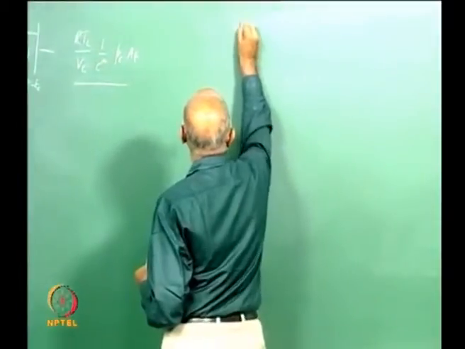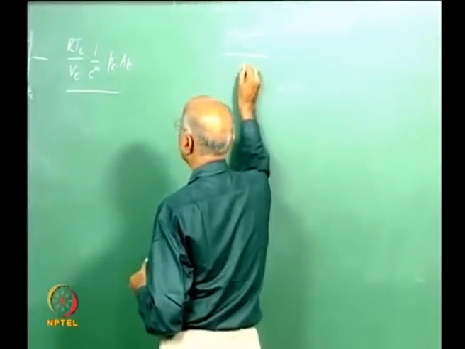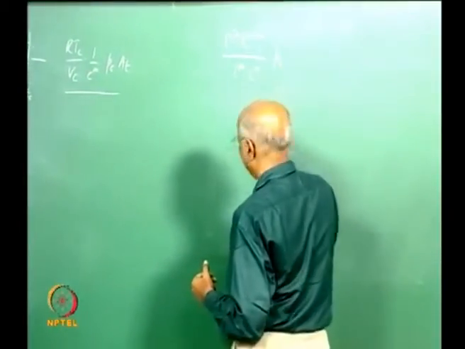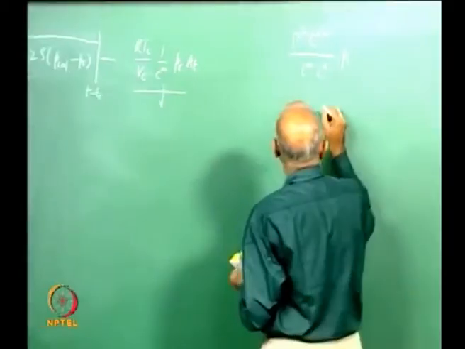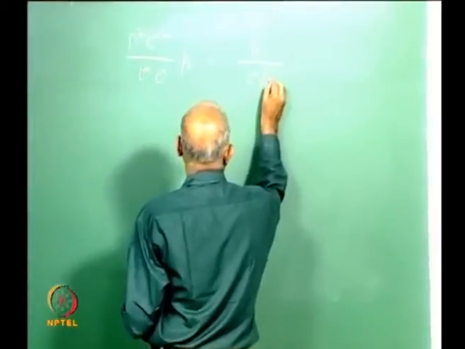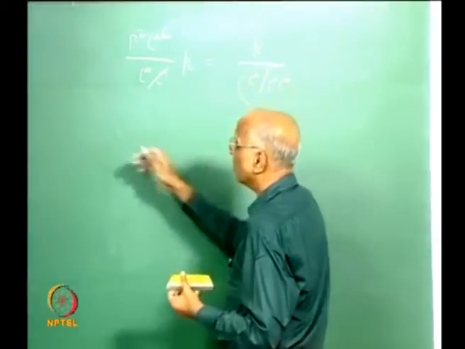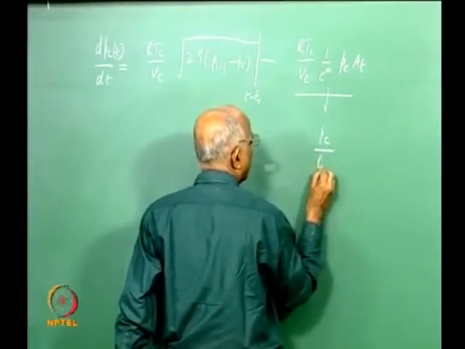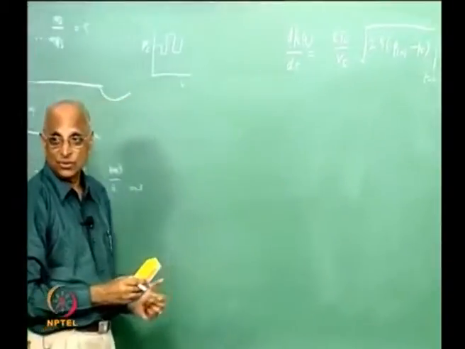RTC was equal to gamma square C star square, Vc by At is L star, into, I still get a value of C star into Pc over here, and therefore the second expression I can write as equal to Pc into L star divided by gamma square C star, and this is equal to residence time, and therefore the last part of this gives me a value Pc by T residence. I still need to solve this, I do not know how to do this.